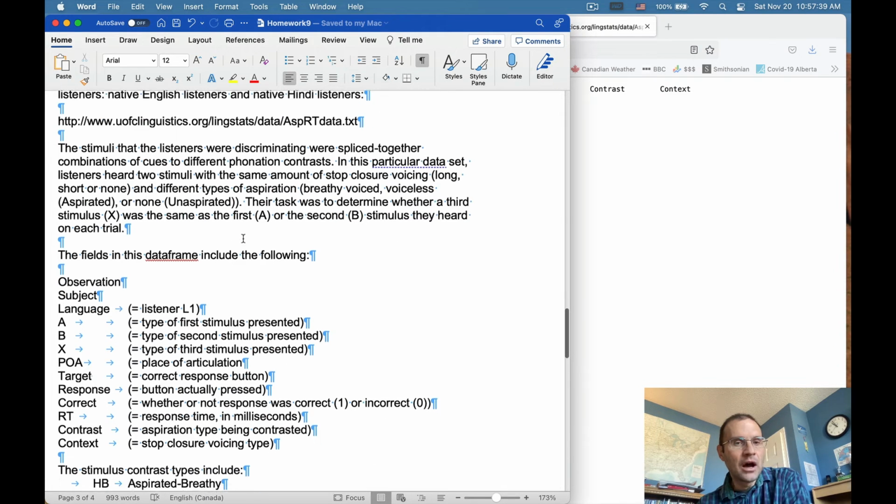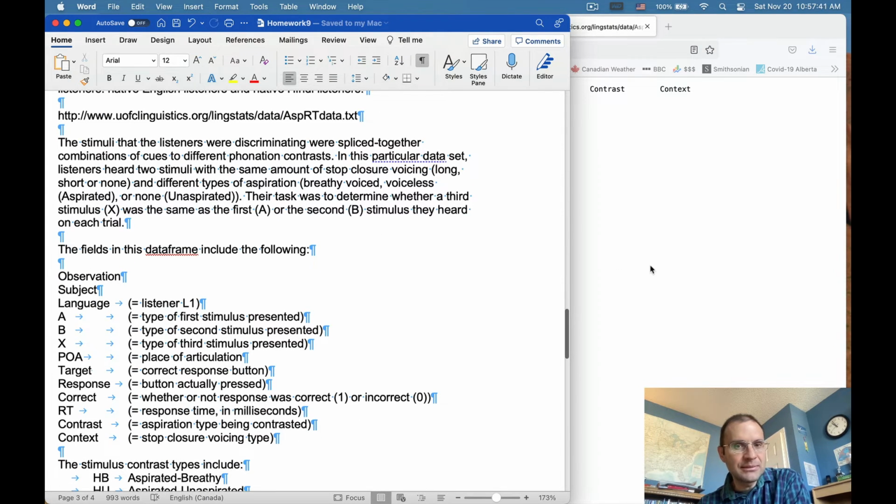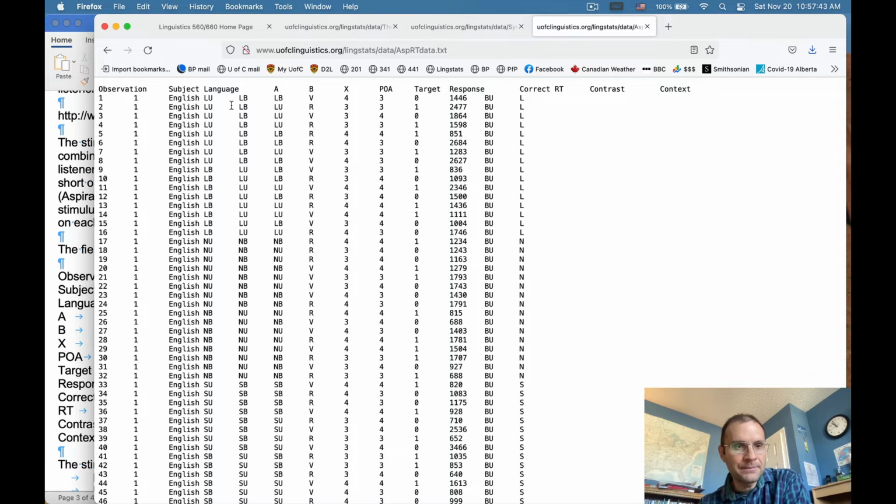Okay, so the only way these stimuli are differing within each trial is in the form of aspiration that they have. So, for instance, this first trial, we have subject number 1, whose native language is English.